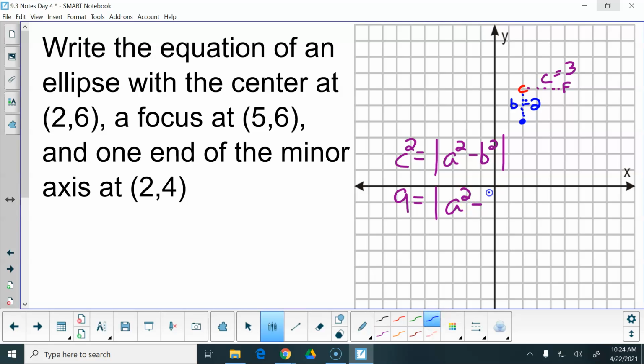It's not 5. How is it not 5? Because the 4 becomes a positive. No. What minus 4 gets me 9? Oh, I'm thinking something else. You were thinking plus. It's 13. I like this one.